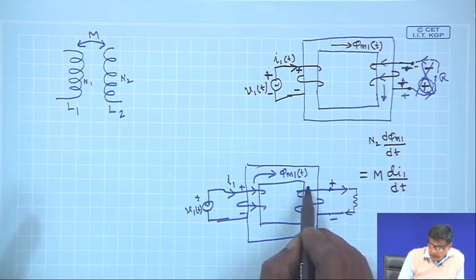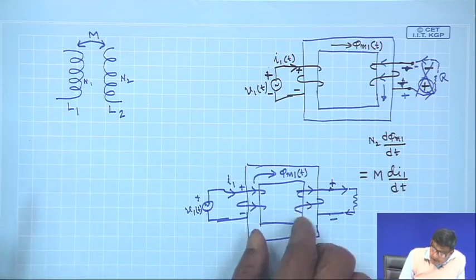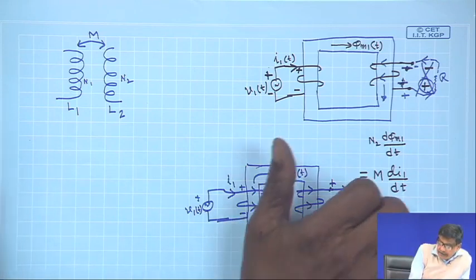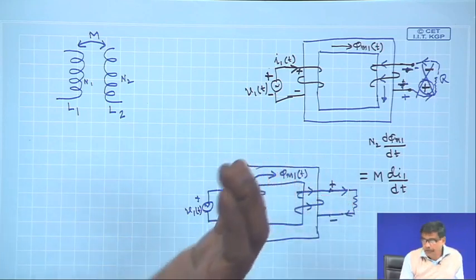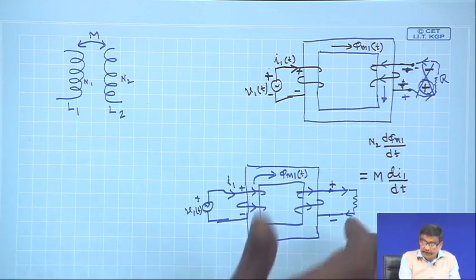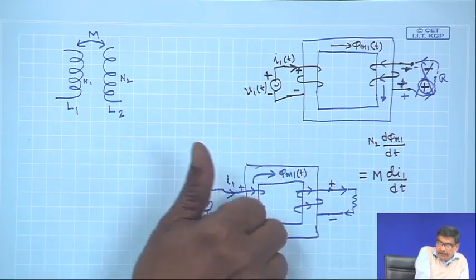So, the current direction in the coil will be like this, and then the secondary coil current is flowing in such a direction that the flux produced, you have to put all your other fingers along the direction of the current to get the direction of the flux, as we have done here.